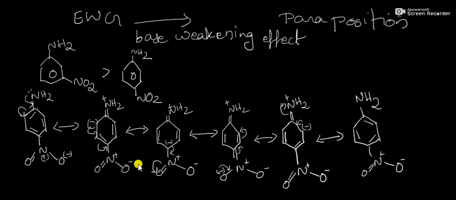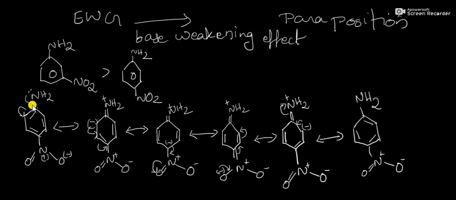These are the resonance structures of para-nitroaniline. Here NO2 group is an electron withdrawing substituent. So the lone pair of electrons present in nitrogen is withdrawn from nitrogen to the substituent, that is minus M effect.